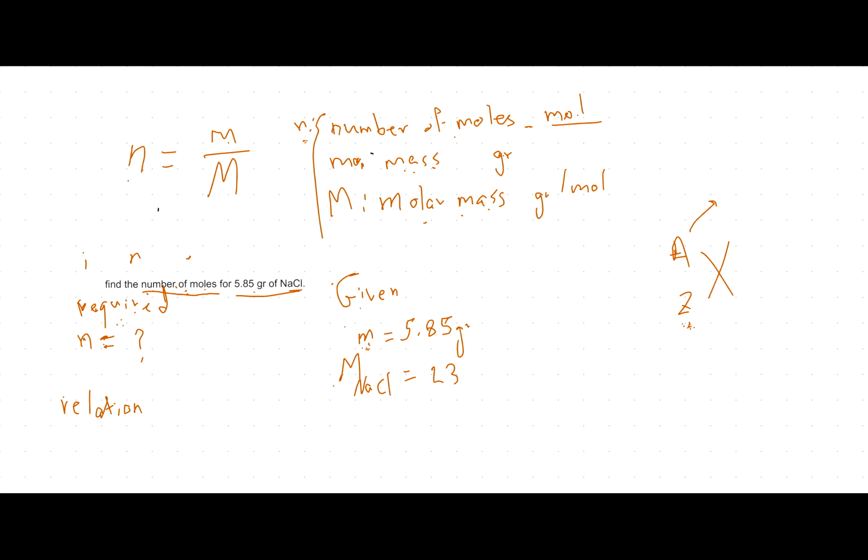A is the one that we use from now and later, because we use it in our calculation. So for sodium, if you go to your periodic table, you will find here 11 as Z and here 23.